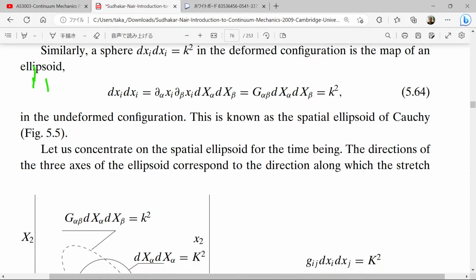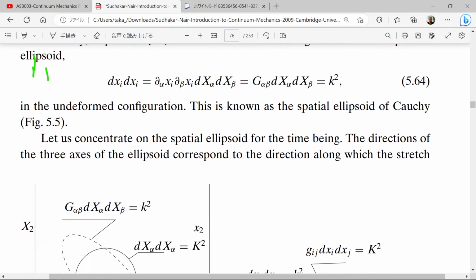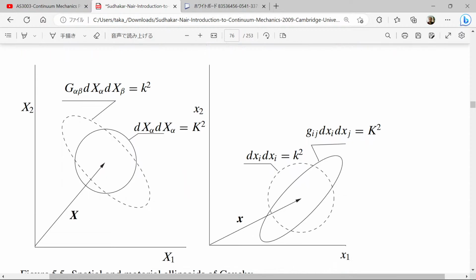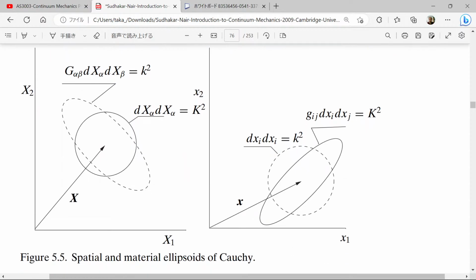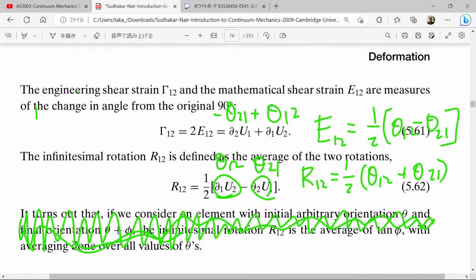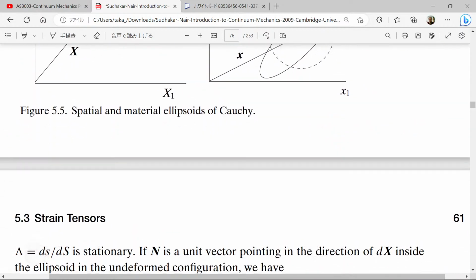This is known as the spatial ellipsoid of Cauchy. Actually, this is the material one. Sorry.